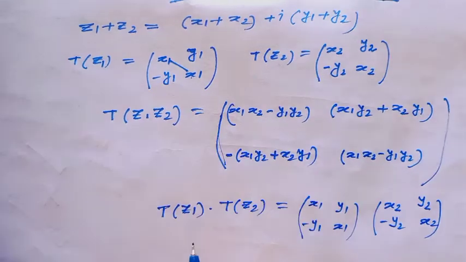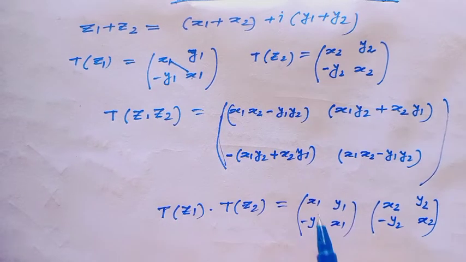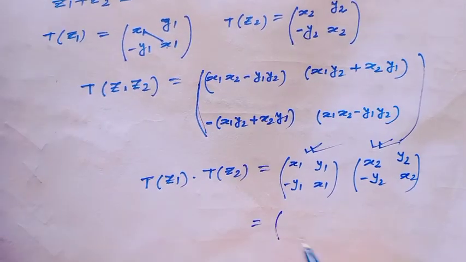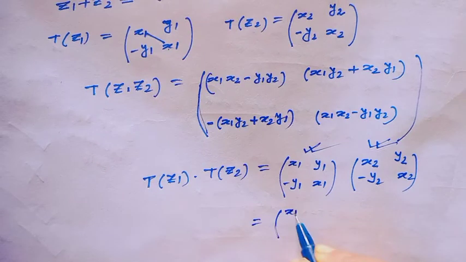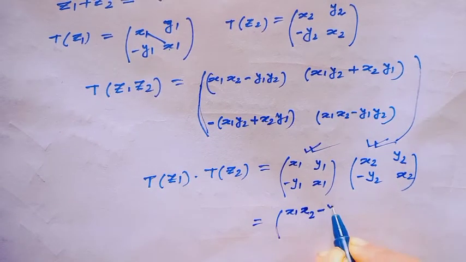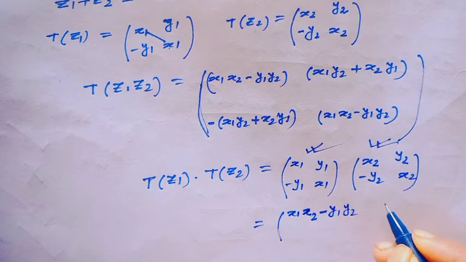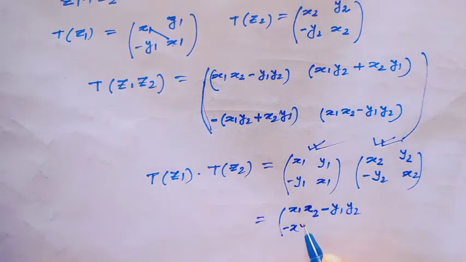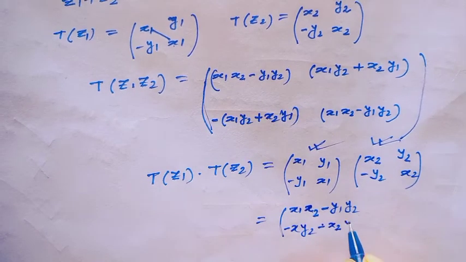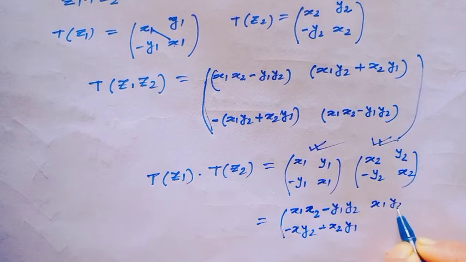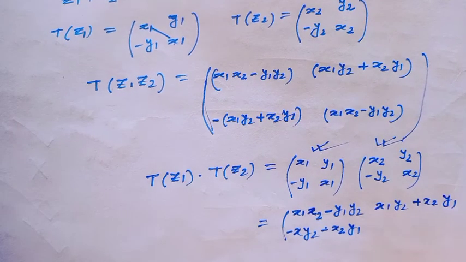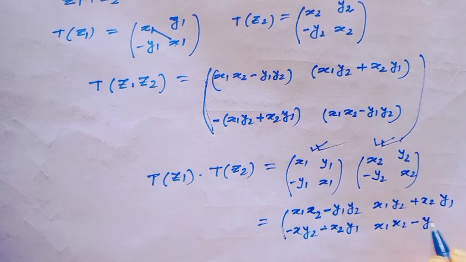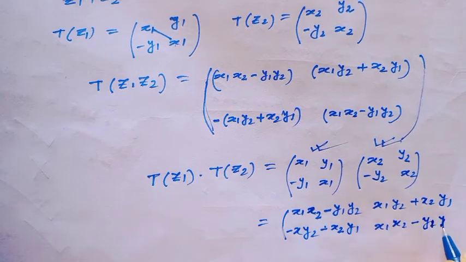Okay, T of z1 times T of z2 would be this and this. Then this is equal to x1 x2 minus y1 y2, minus x1 y2 plus minus x2 y1, here x1 y2 plus x2 y1, also here x1 x2 minus y1 y2.